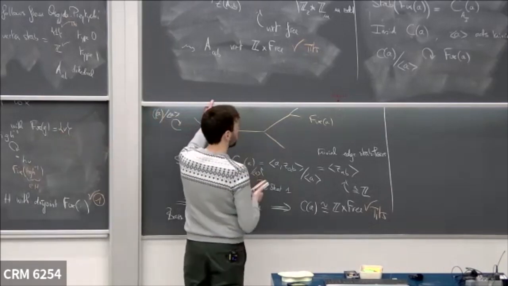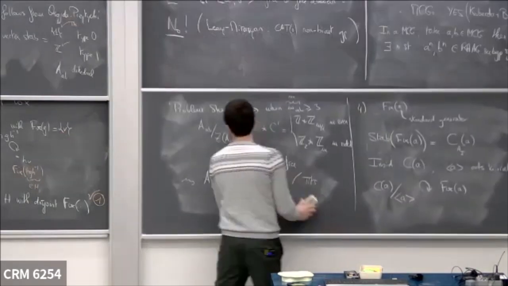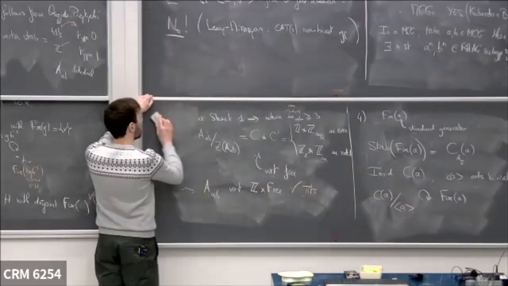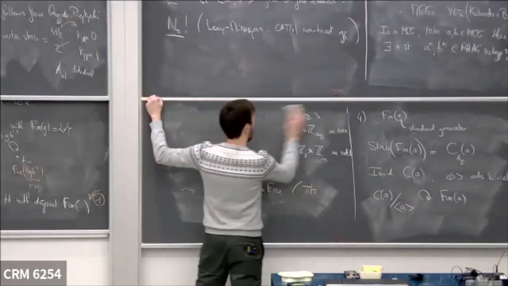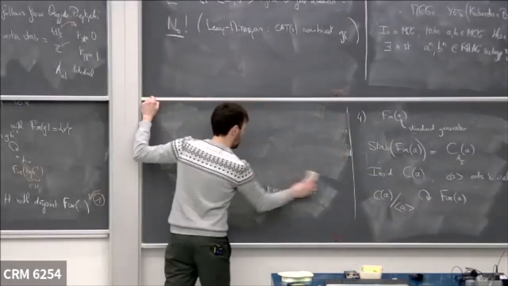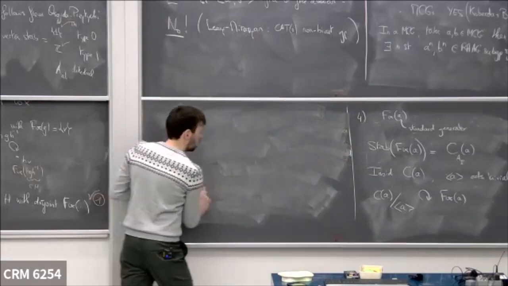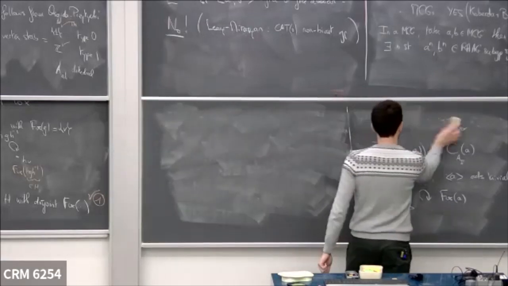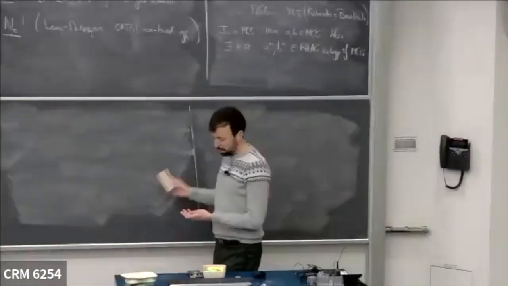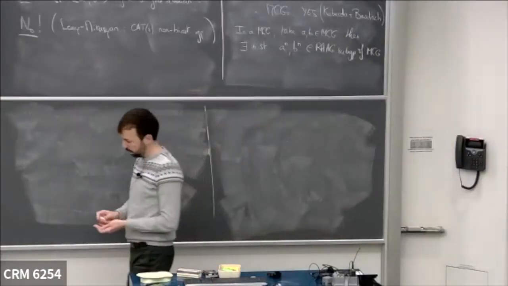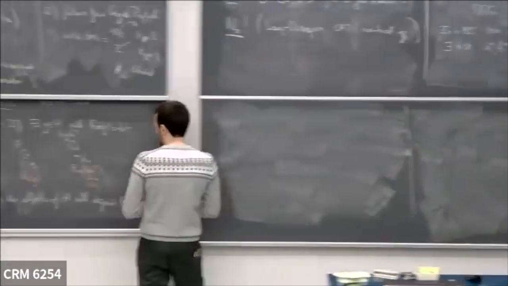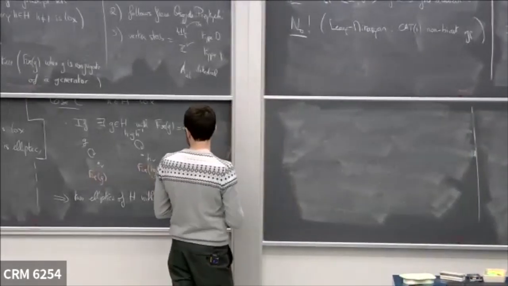So let's see what happens if that's not the case. Now we can assume that all elliptic elements are of tree type, so their fixed point set is a standard tree. Let's first do the same thing.